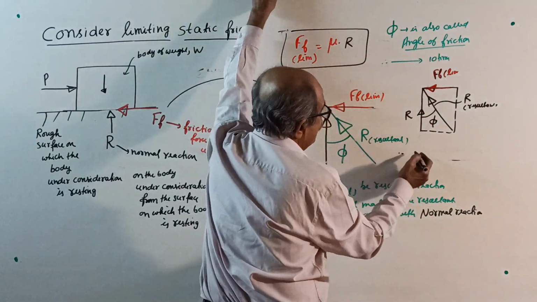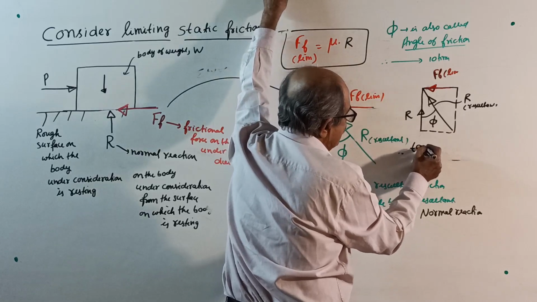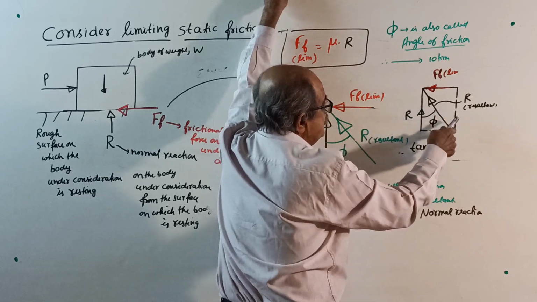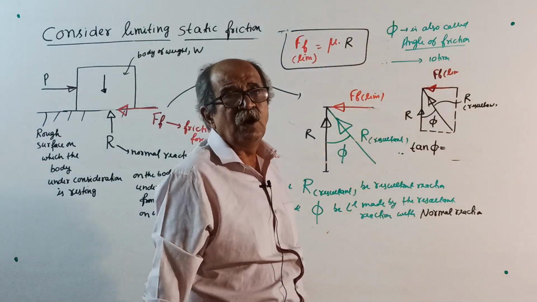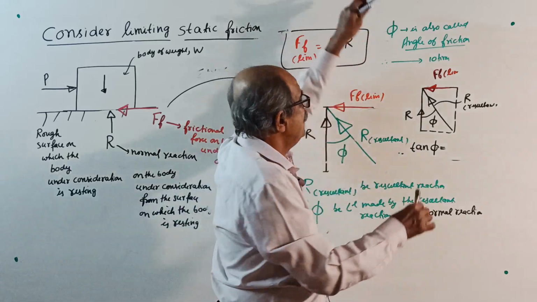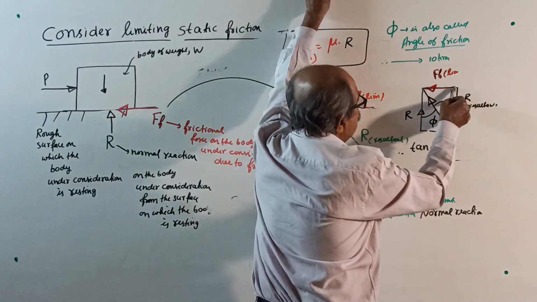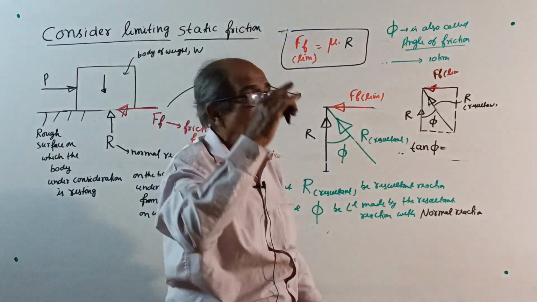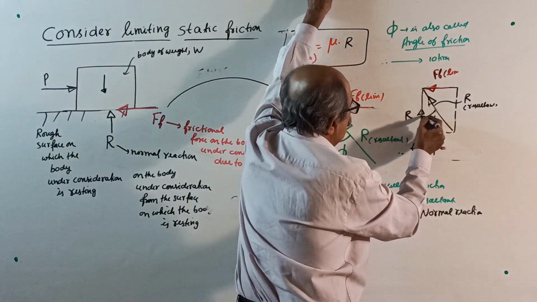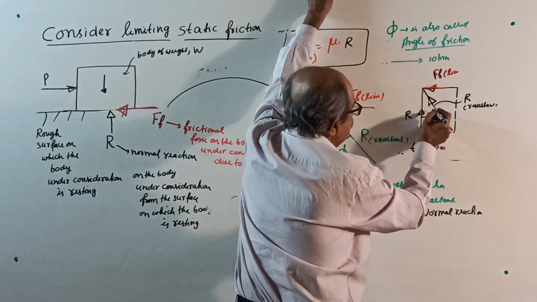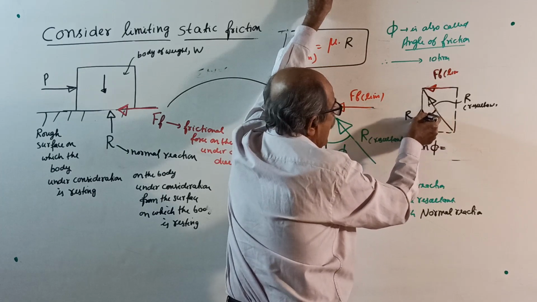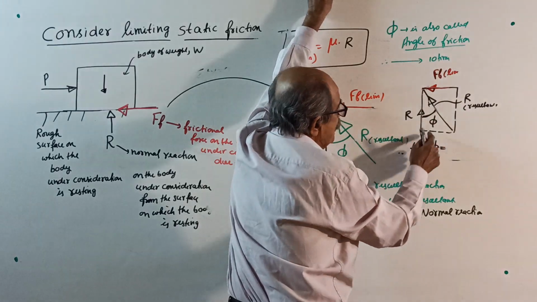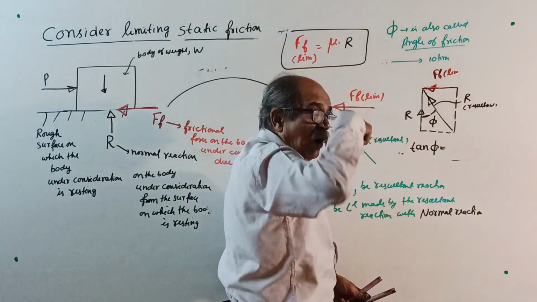Therefore, see here, tan phi equal to, this is the law of triangle of force or law of parallelogram of force. When this is one force and the other force, the resultant comes this way. This you know from first class in engineering mechanics. So, tan phi, very important, phi is the angle made by the resultant with the normal reaction. When you want tan phi, it is always opposite first.